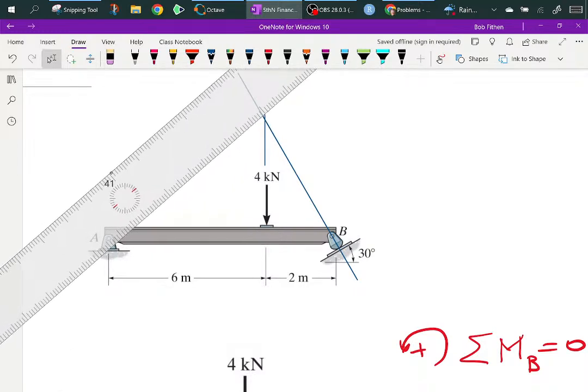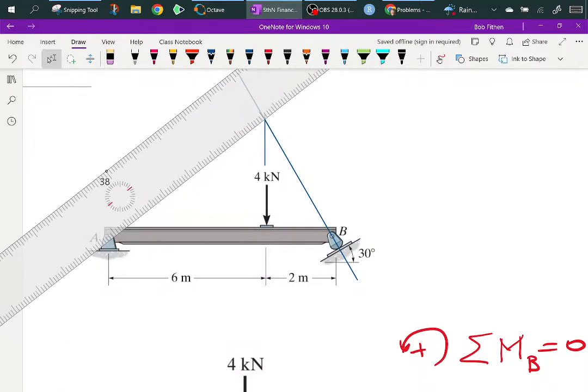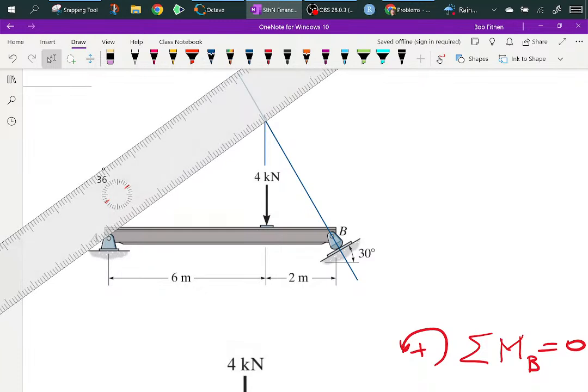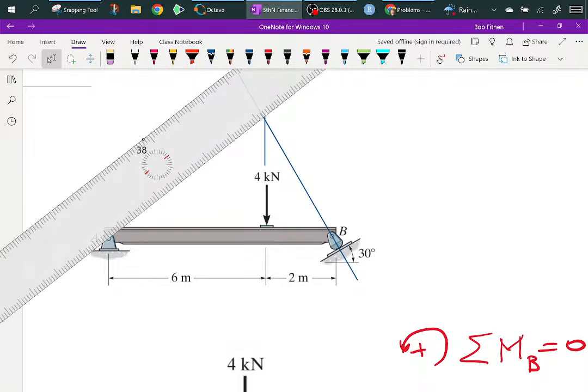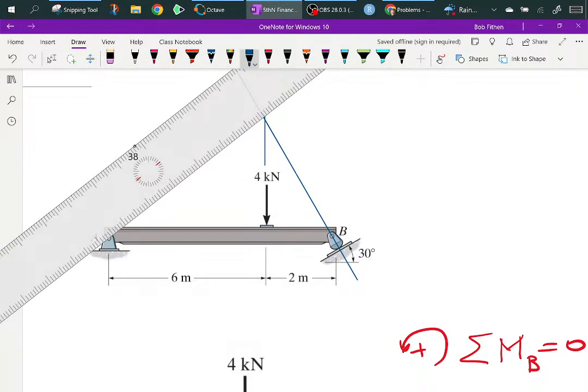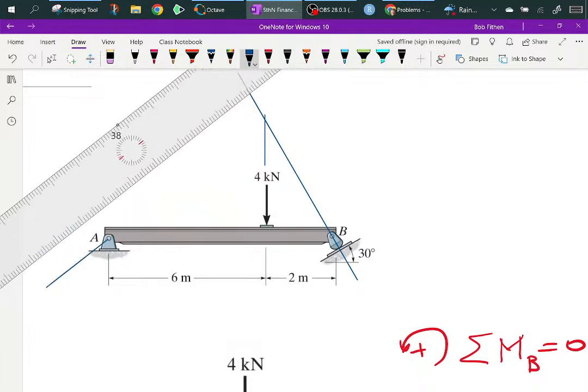So this one must... Yeah, I'm not sure I'm really getting it here, but I keep trying. This one has to be that. It says 38 degrees.